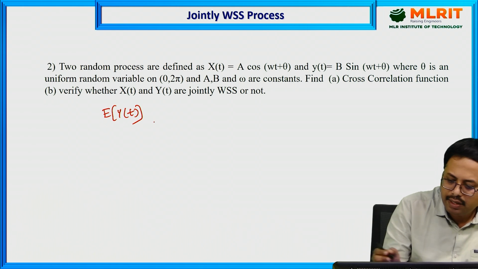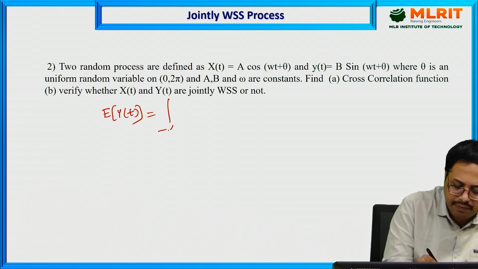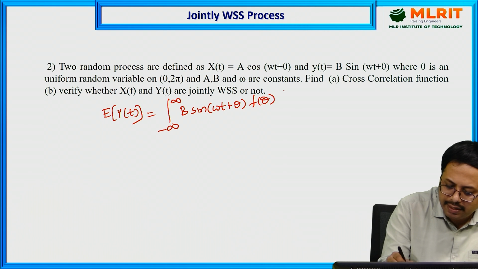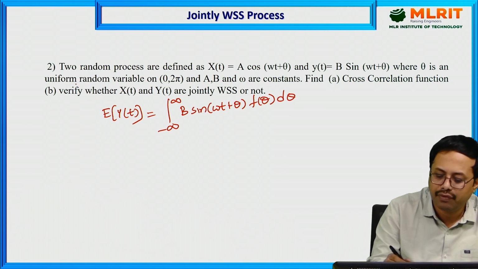Here it is also the same formula: integration minus infinity to infinity B sine(omega t plus theta) into f of theta d theta. Here again f of theta is a uniform random variable.